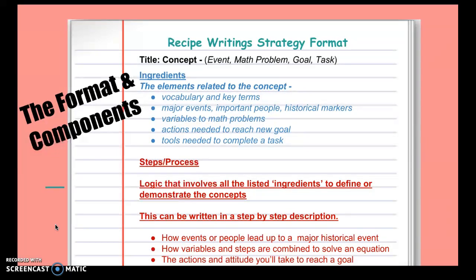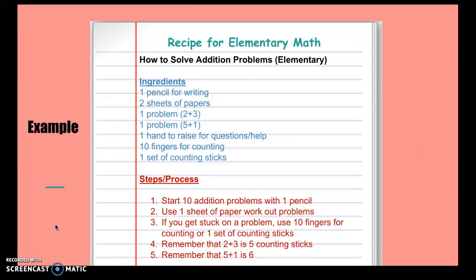Those could all be a part of the ingredient section. And then in our process, if we're sticking with our example of the scientific method, we will talk about how each of those 5 ingredients are used in that scientific method. So you can really go into detail about that method, and the process is what you would describe in that later part.